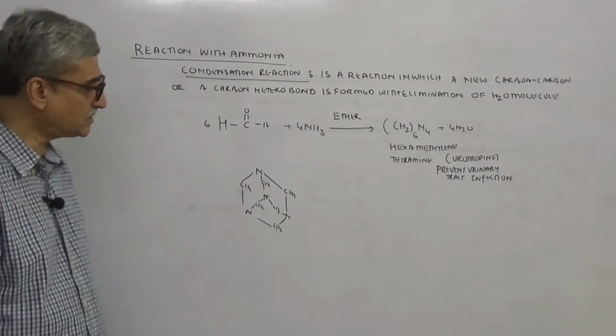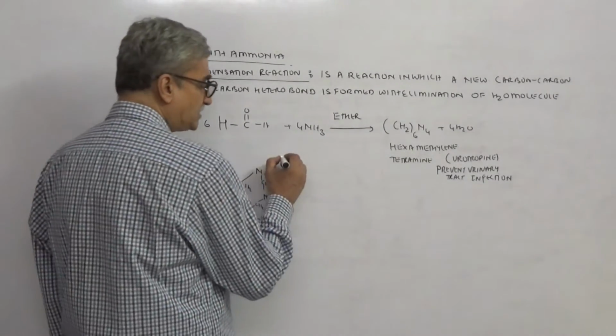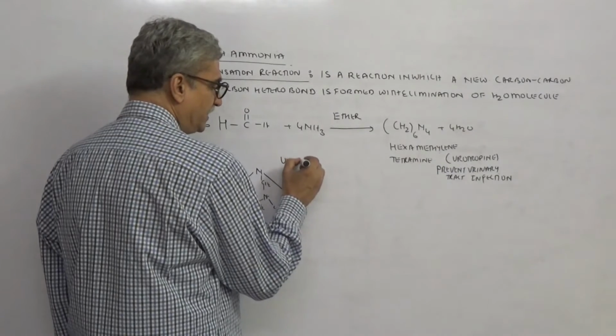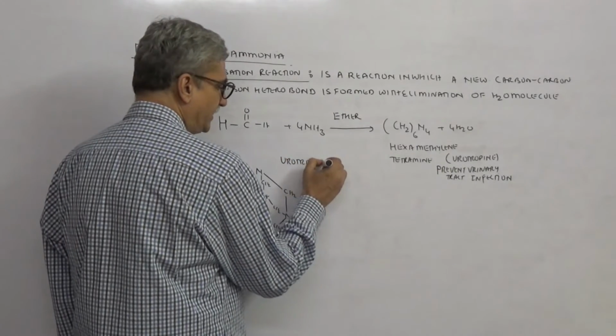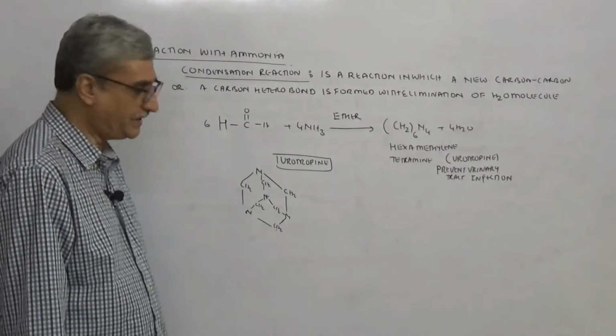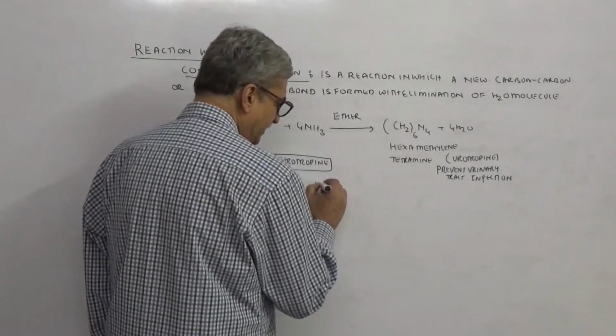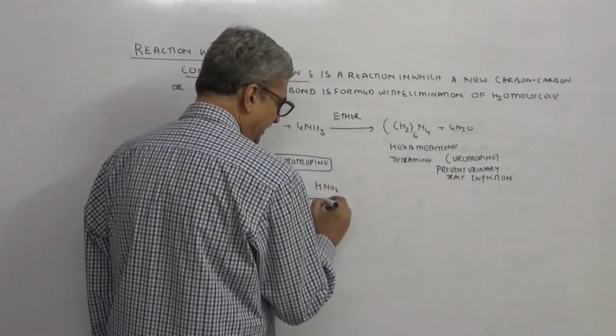So this is the structure of urotropin. In board exams, they have asked many times, give the structure of urotropin, hexamethylenetetramine.